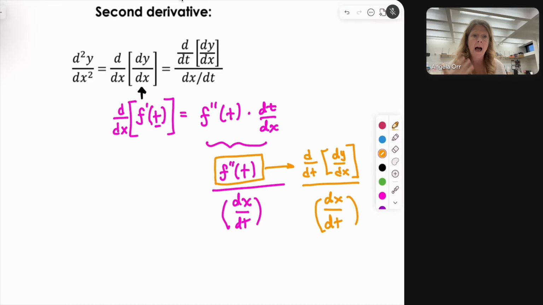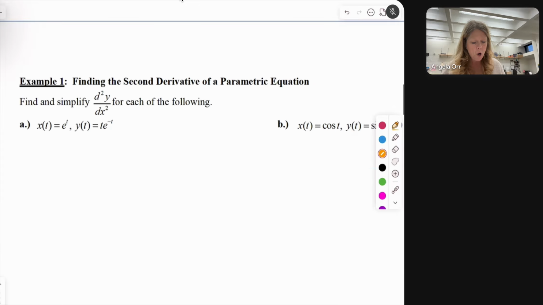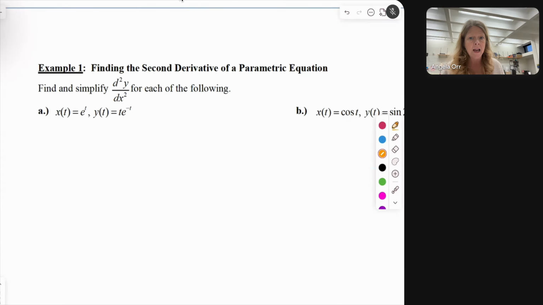Let's actually apply this to a particular scenario. All right, so let's look at scenario number 1 here. Suppose, for example, we were going to find the second derivative of the following parametric equation. Let's say we had x of t is e^t and y of t is t e^(-t).